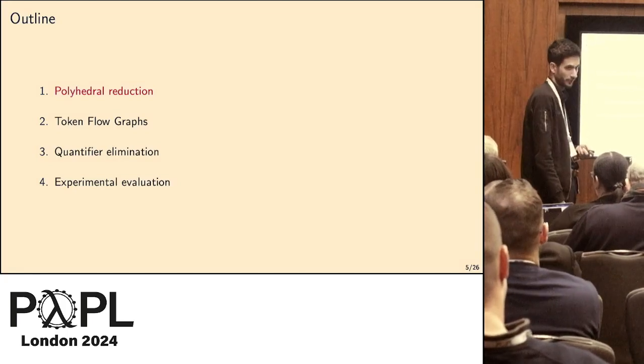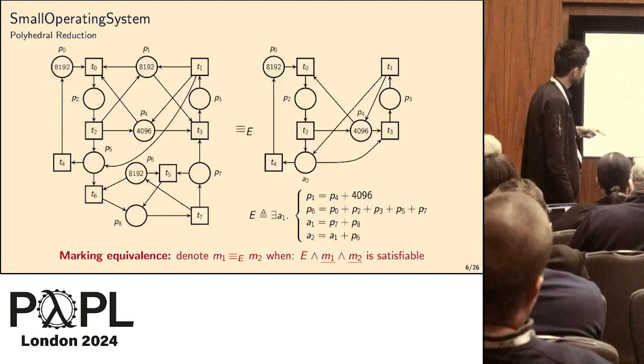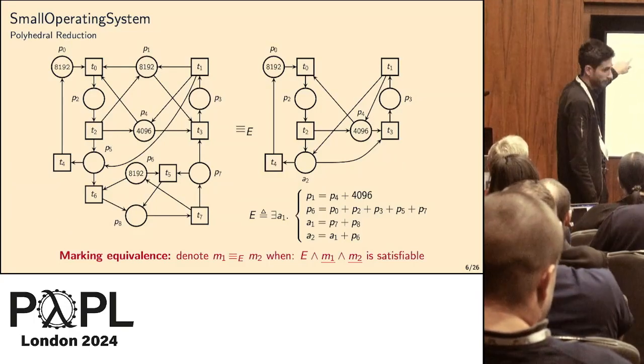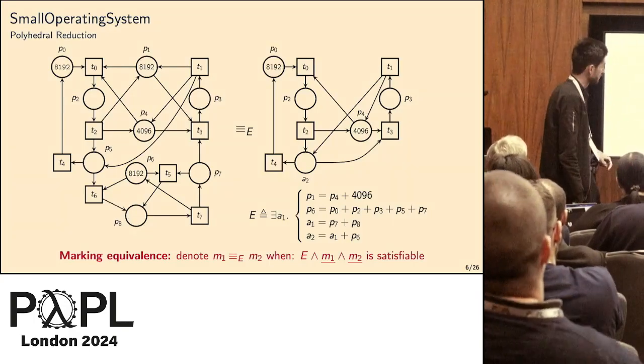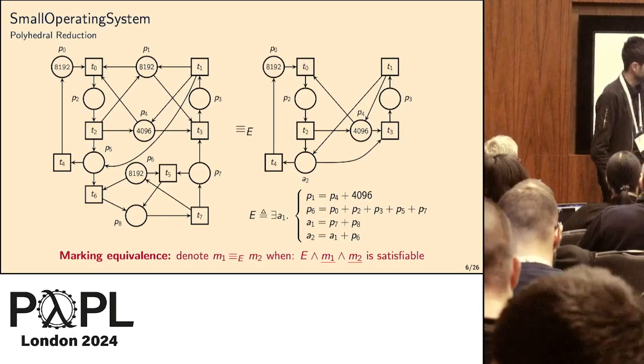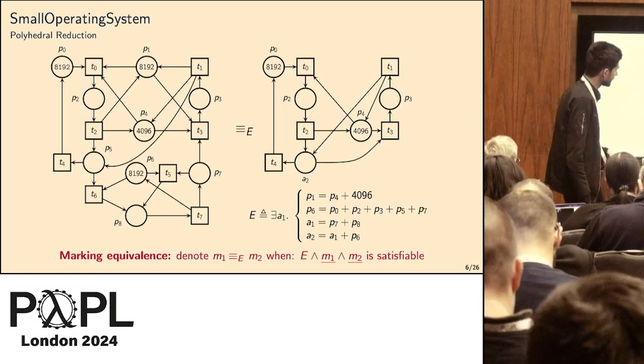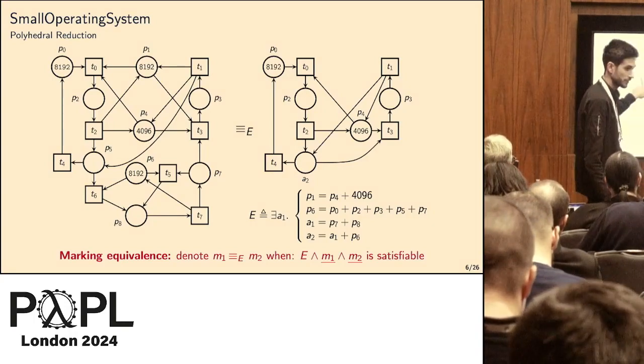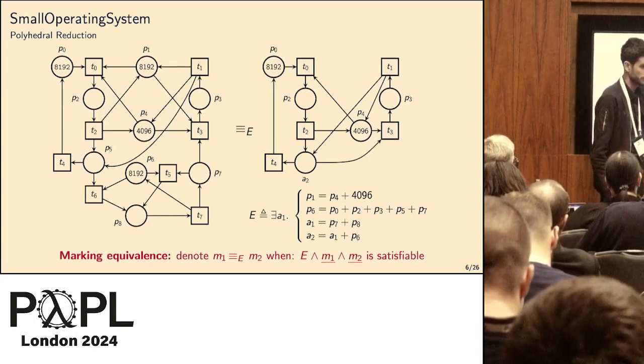First, polyhedral reduction. Here we have this small operating system net. I just renamed the places and the transitions to be much simpler. And we have a reduction of this net on the right. We obtain a Presburger predicate that permits us to reconstruct the state space of the initial net from the state space of the reduced net.